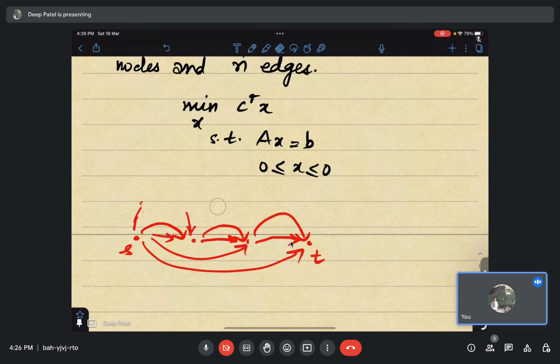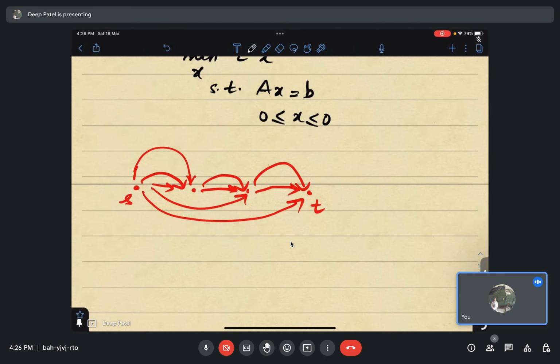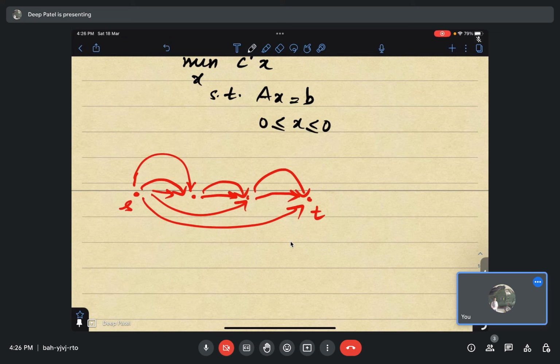The rationale behind formulating the problem like this is that each of these edges has some cost associated.